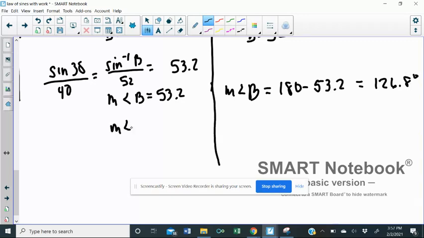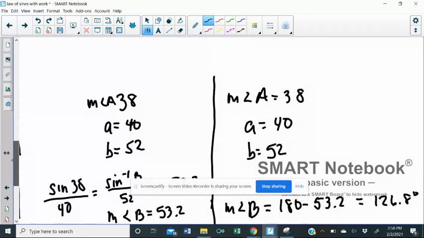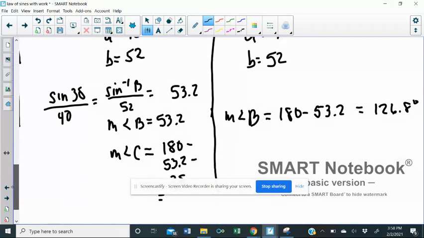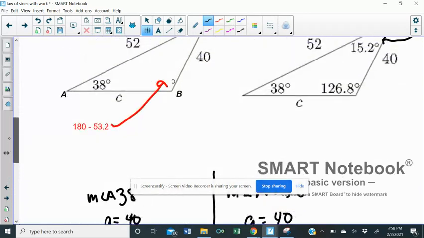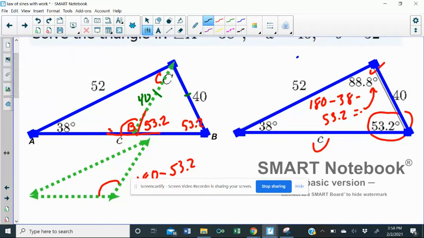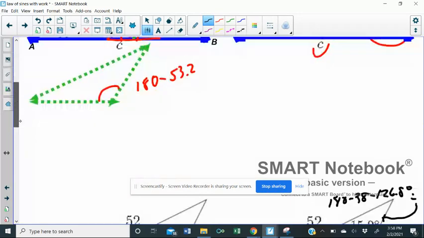Our angle C, again, 180 minus 53.2 minus 38 gives me, cheating, a 15.2. Nope, I lied. Oh wow, I totally messed you guys up. Sorry, this is 53.2.